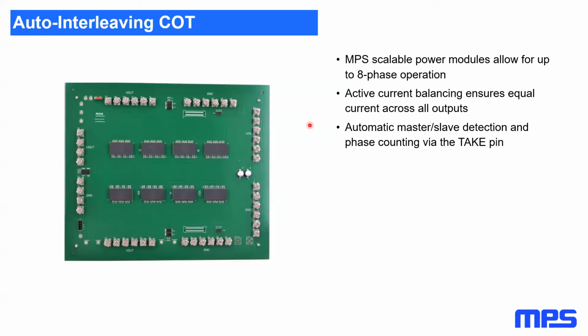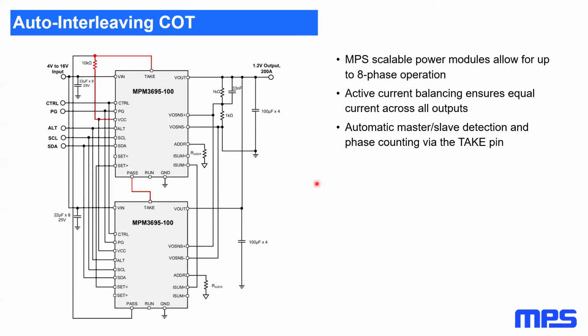We use the current monitoring that you can also see via the I²C to make sure that all the modules are delivering the same amount of current. The second aspect that I wanted to explain is that we also aim to simplify the use of multi-phase operation by using auto interleaving. The auto interleaving works by automatically detecting a master module and, as I said, up to 7 slave modules. Very simply, we have 3 pins: the take pin, the pass pin, and the run pin.